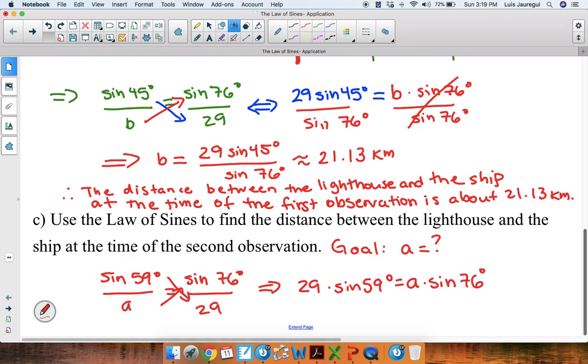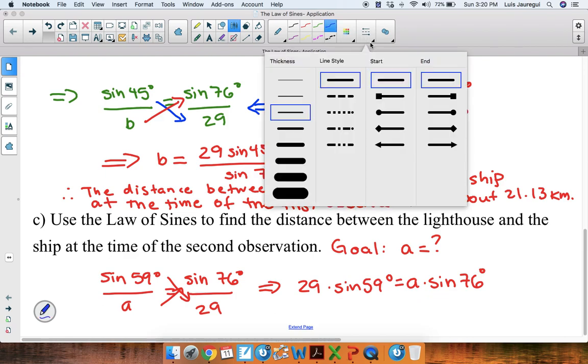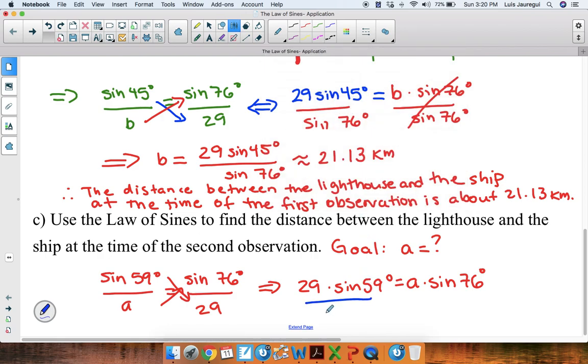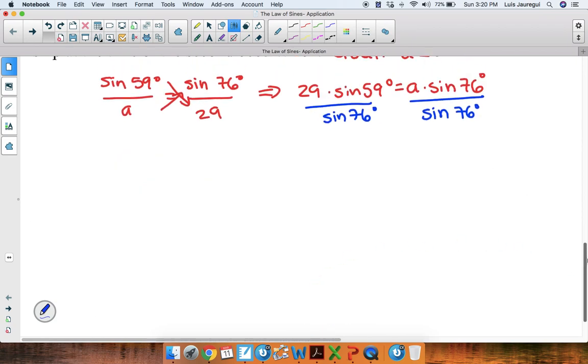Now our goal is to get the a by itself, so we're going to isolate it. We're going to divide by sine of 76 degrees on both sides of the equation. And by doing so, we get the following value for a.